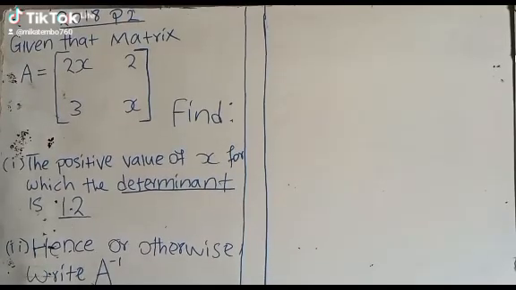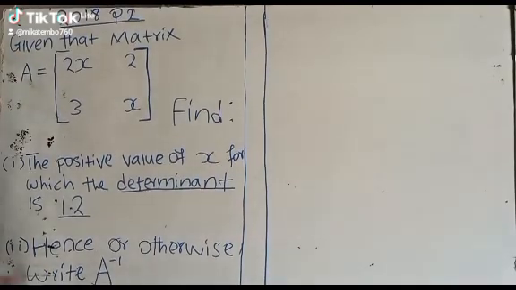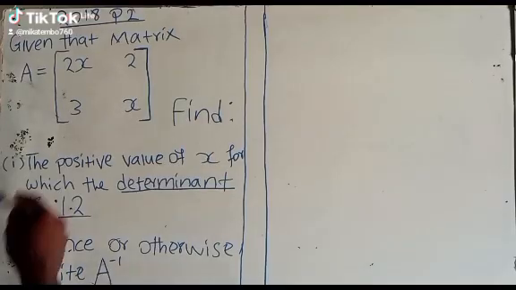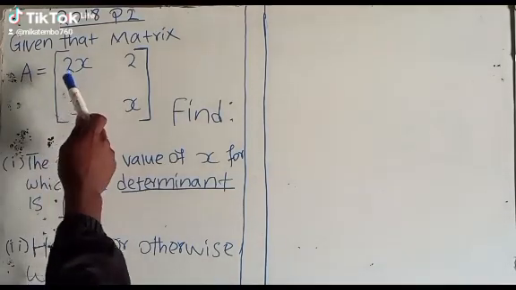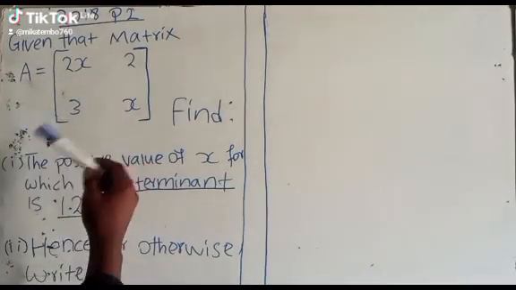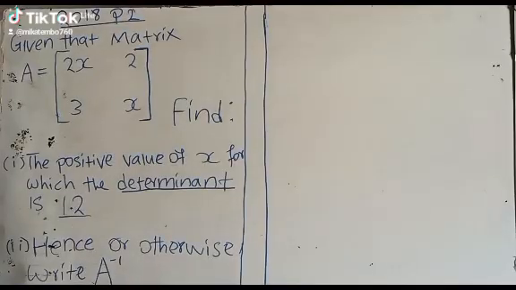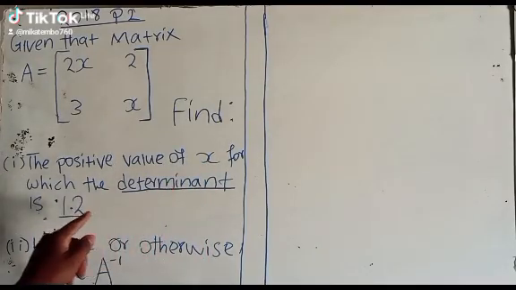Okay, so we have a matrix question on the board, and such kind of questions, they don't miss in an exam. So this question states that given that matrix A is equal to 2x, 3x. So this is a 2 by 2 matrix, and we have been told to find the positive value of x, for which the determinant is 12.